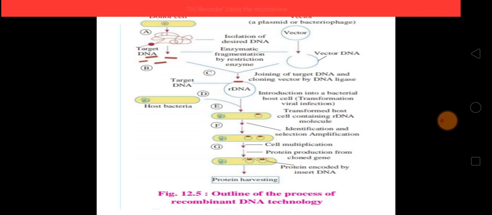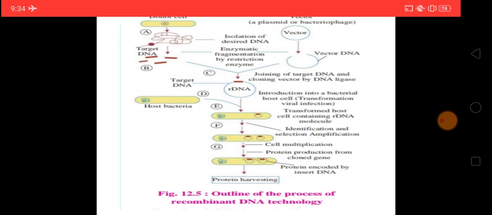Now, by using the enzyme DNA ligase, the desired gene is inserted into the vector DNA. The combination of vector DNA and foreign DNA is called recombinant DNA or chimeric DNA, and this technology is also called rDNA technology.